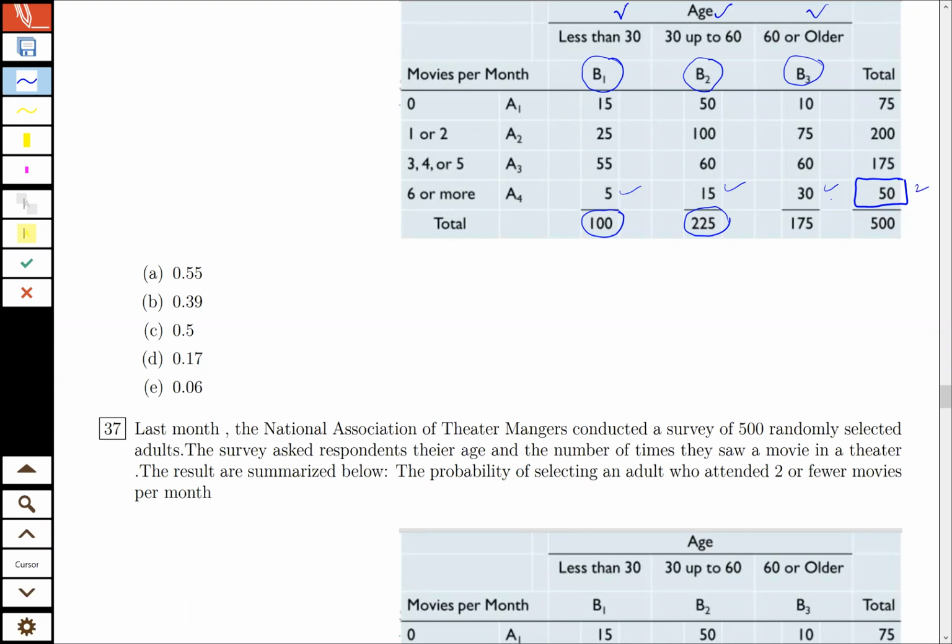So anyway, our question is, how many people who watch more than 6 films? We have 50, so we will say the probability of watching 6 or more will be 50 divided by 500, which is 1 over 10, which is 0.1.